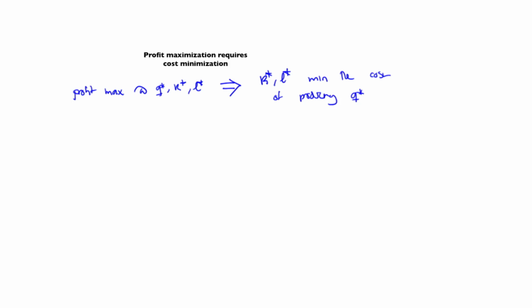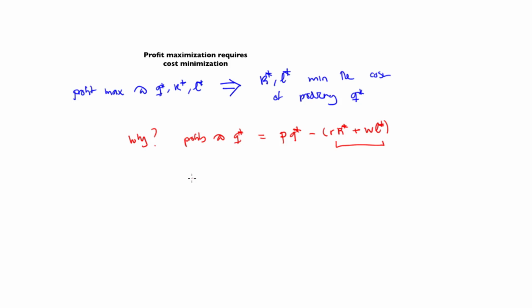Now, why does that have to be the case? Well, remember that the profits at Q star are just P times Q star minus R K star plus W L star. Now suppose that K star and L star are not minimizing the cost of producing Q star.